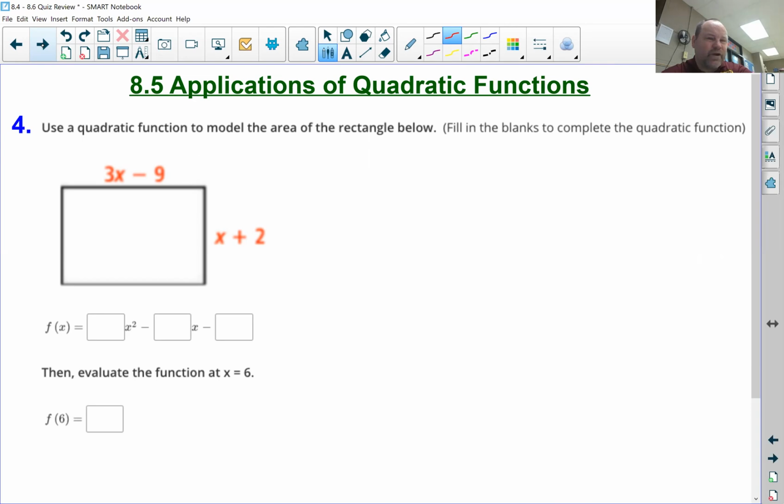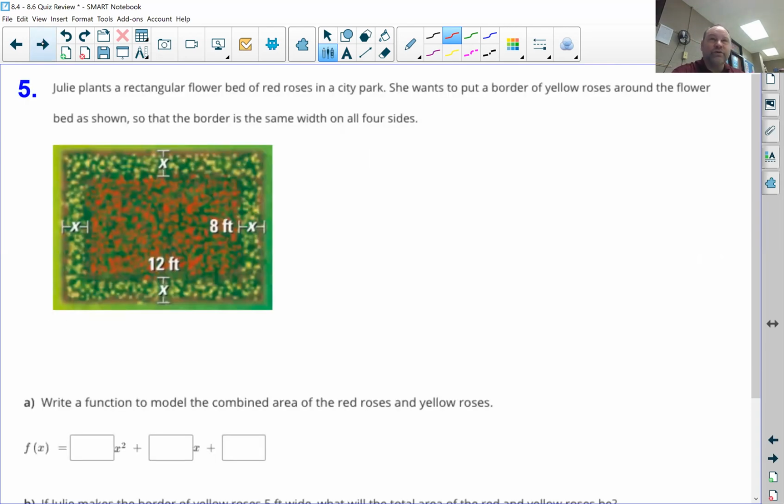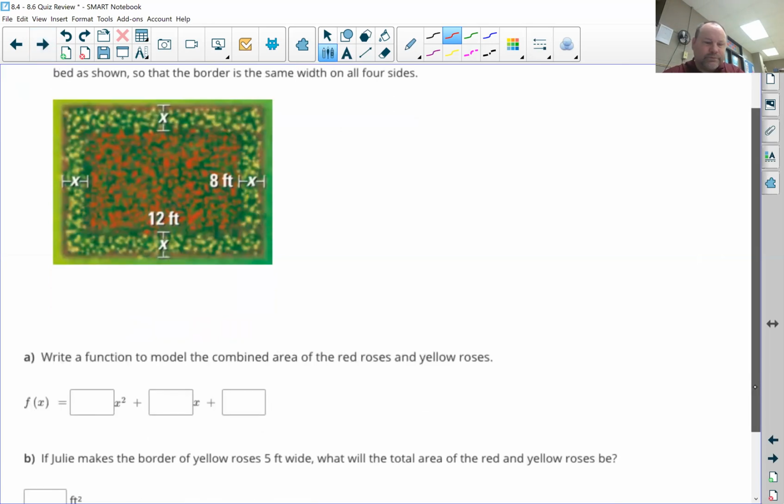The other type of problem we had with 8.5, we had pools with a deck around it we talked about. Here we have a flower bed in a city park that has red roses in the center and yellow roses on the outside. So again, here we're wanting to write the equation in standard form.